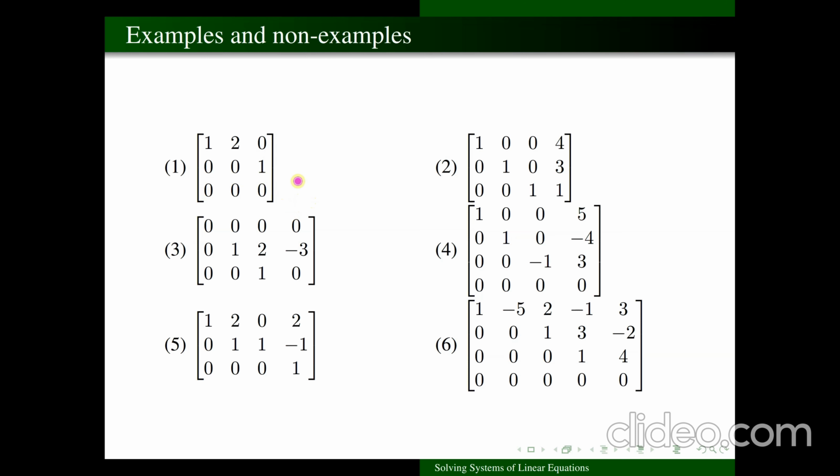So condition 1 is okay. As for condition 2, we look at each non-zero row and check if the first non-zero entry is a 1. In the first row, we have a 1 as the first non-zero entry. In the second row, we have this 1 as the first non-zero entry. So the leading entries are 1, and condition 2 is satisfied.